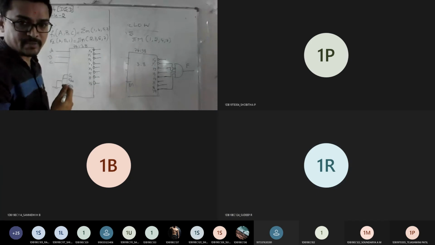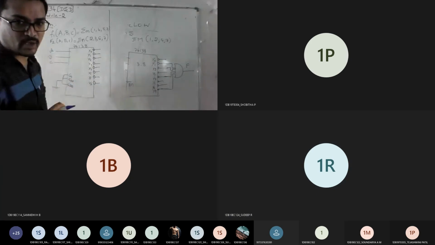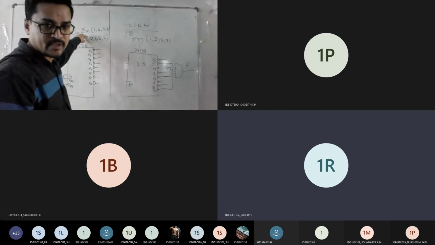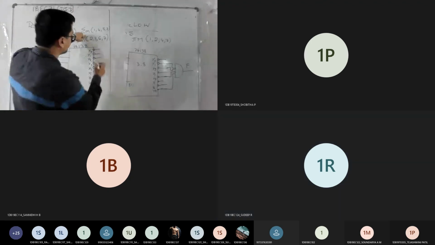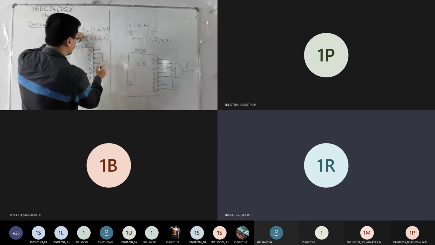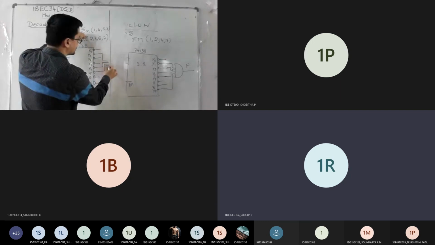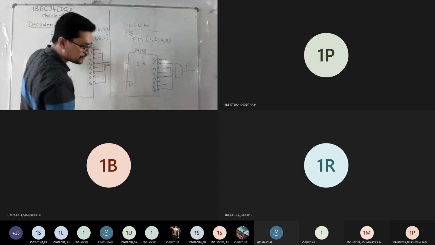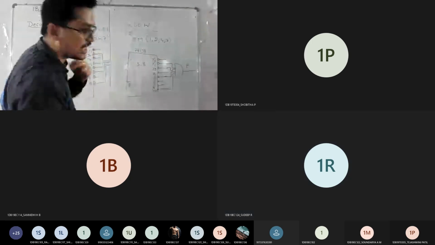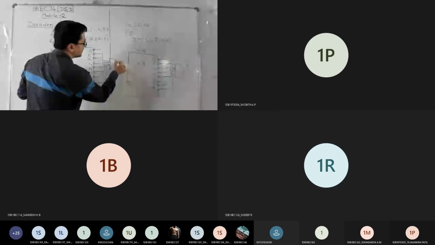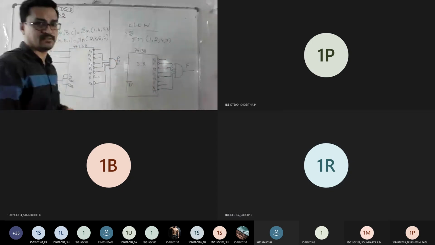What I told is you need to implement both functions in one IC only. We will implement first with respect to SOP. Connections are between 1, 4, 5 and 7. Which gate do I want to connect now? NAND gate. Understood now? So this is what you should remember. This is your function 1.